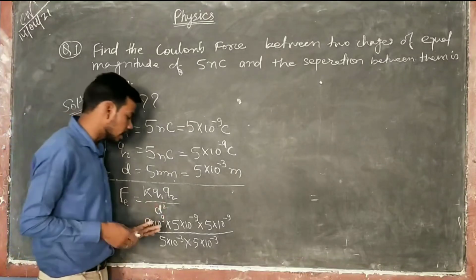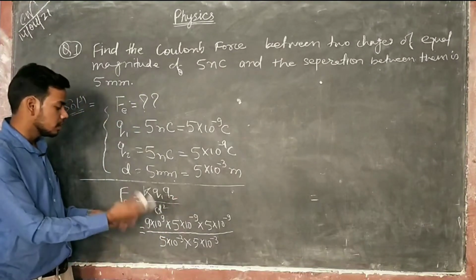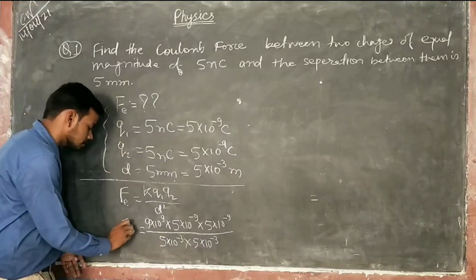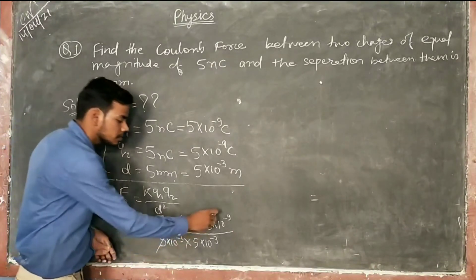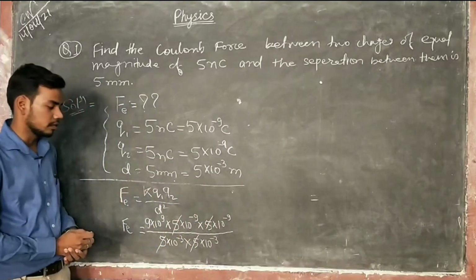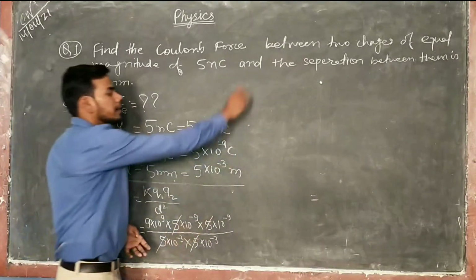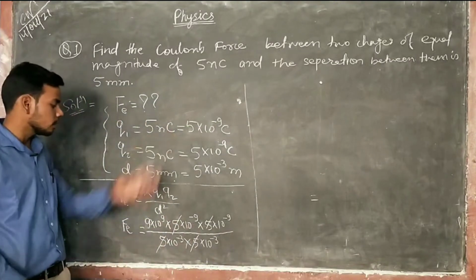So now it's time to cancel out the terms which can be cancelled. This 5 is cancelled out together, this 5 again is cancelled out together, and we have to do the remaining calculations.